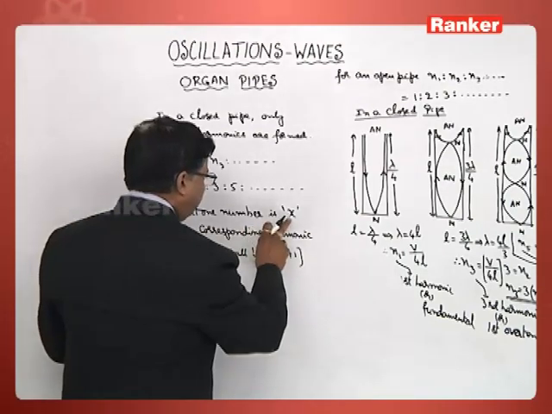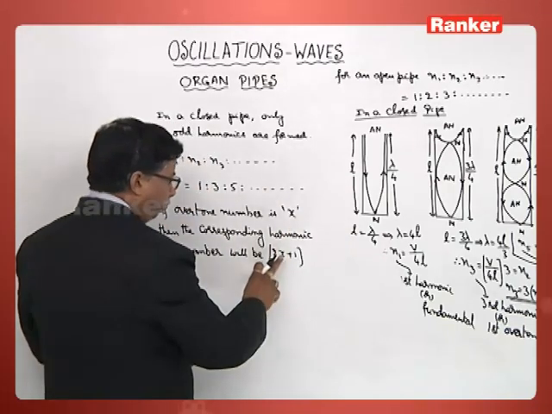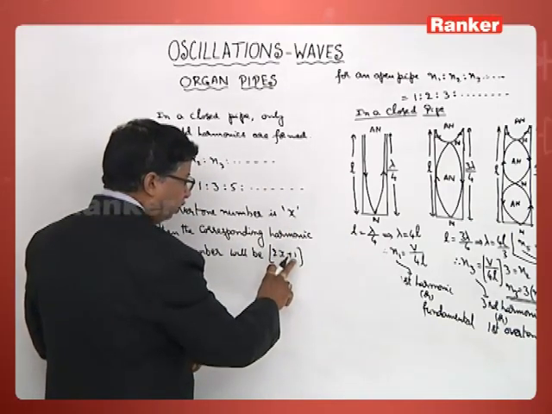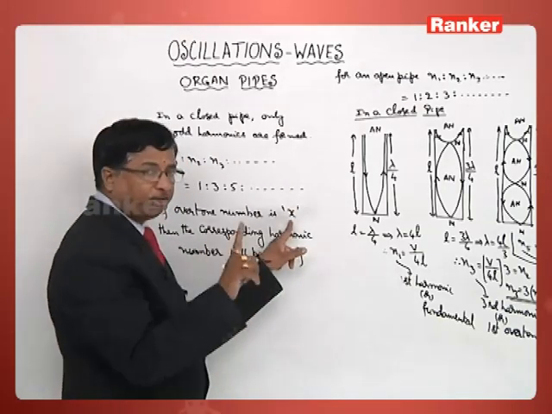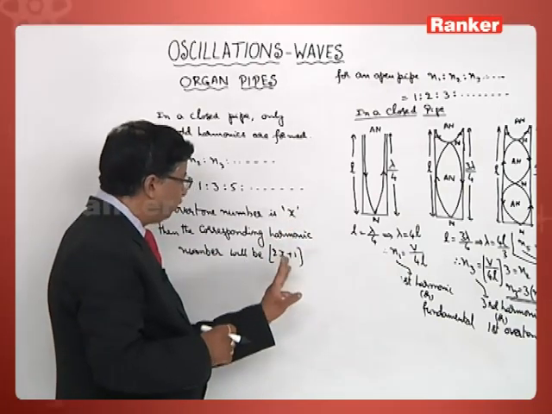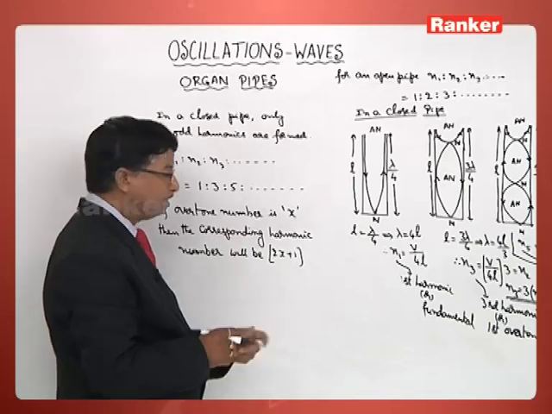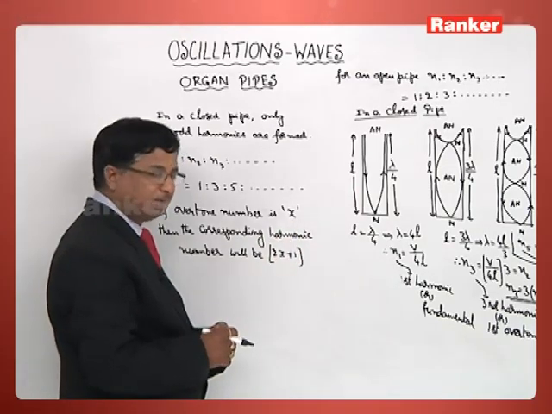Say for example, 0th overtone. Put x equals 0, that will be 1, that is the first harmonic. If I say first overtone, 2 into 1, 2 plus 1, third harmonic. Second overtone, fifth harmonic.